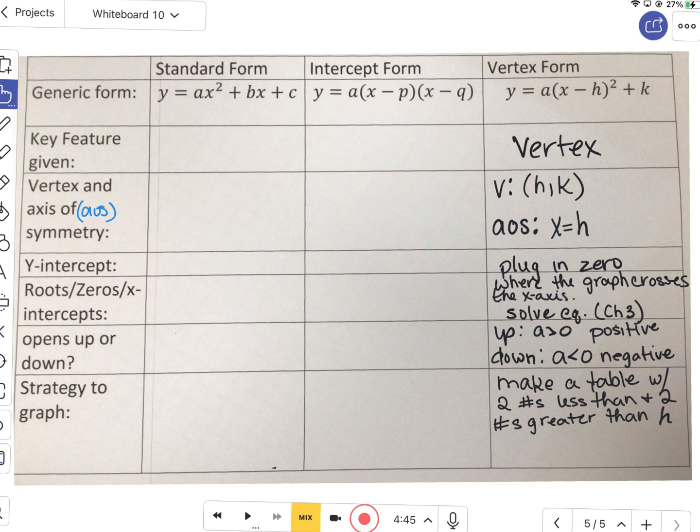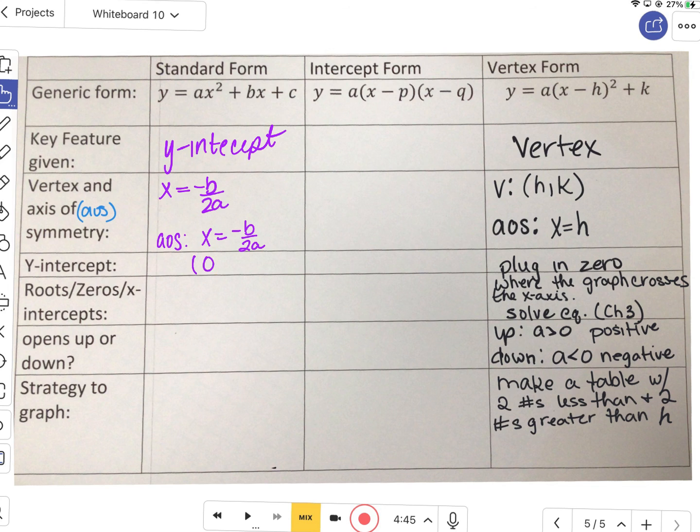The key feature for the standard form is the y-intercept. The vertex, we use x equals negative b over 2a, and you have to plug it in to find y. The axis of symmetry is also negative b over 2a. Because the axis of symmetry is a vertical line that passes through the x value of the vertex.